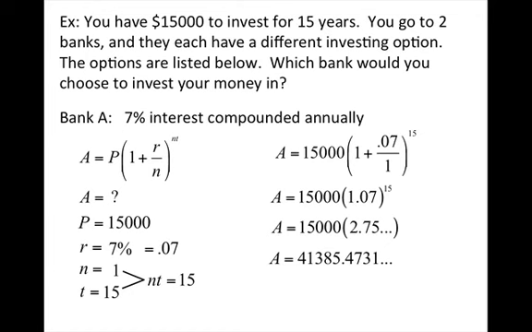Well, I only need to look at the third decimal place, that 3. That does not round the 7 up to an 8, so I end up with 41,385.47. So if I chose Bank A at the end of 15 years, I would have $41,385.47.